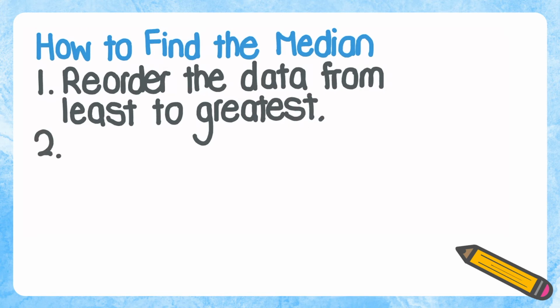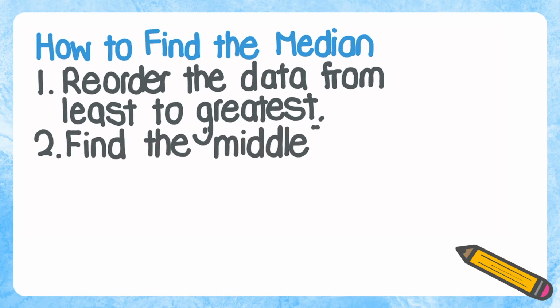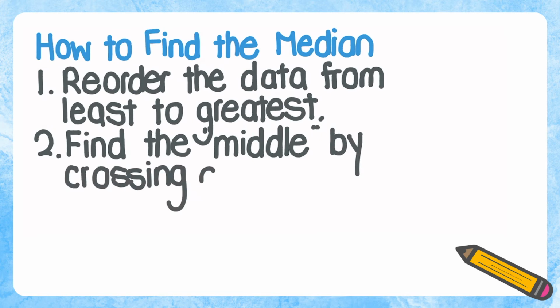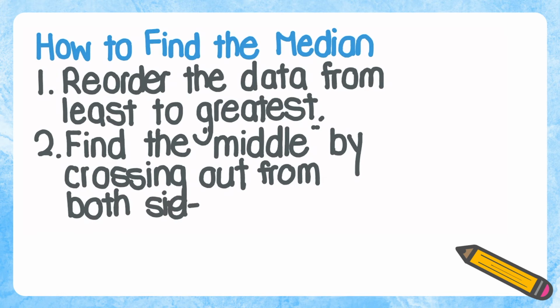And then you'll find the middle by crossing out or canceling out numbers from both sides. So again, you're going to reorder it from least to greatest, so the smallest number to the largest number, and then you'll find the middle number by crossing out or canceling out from both sides.